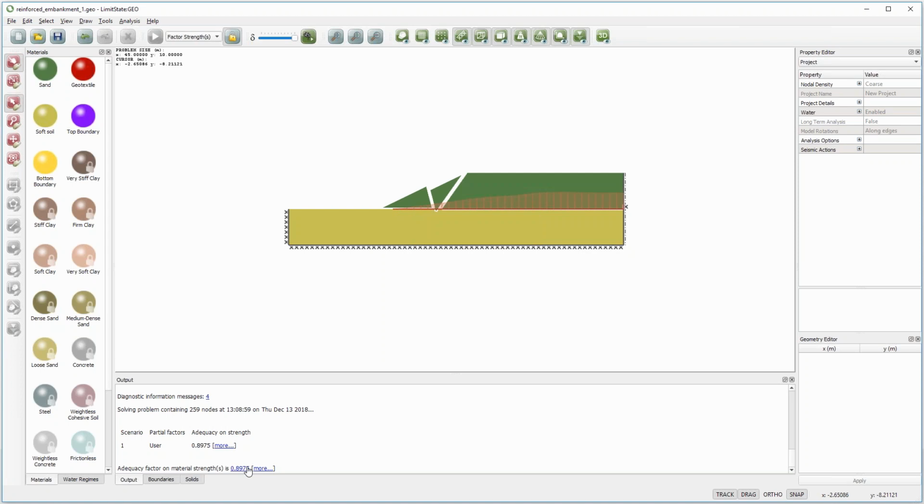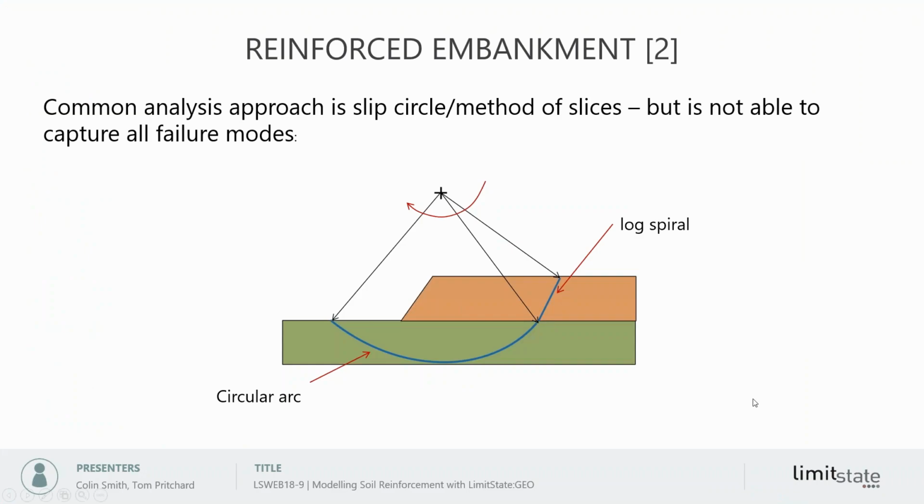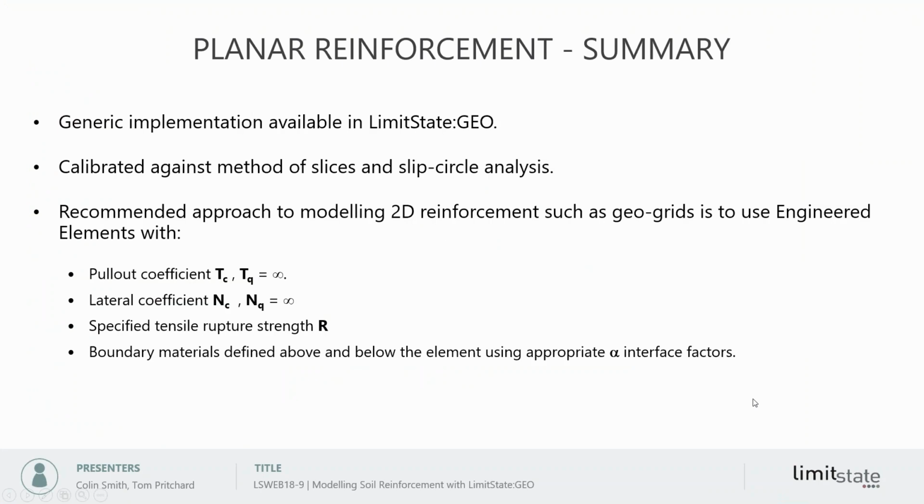So hopefully that's illustrated how we can use this two-dimensional element as part of a reinforced embankment analysis. You can of course use it in other problem types. So just to summarize, we've got a very generic implementation of planar reinforcement in the software. It's been calibrated against method of slices and slip circle analysis, and the recommended approach to modeling things like geogrids or geotextiles is to use these engineered elements with effectively infinite pull-out and lateral coefficients.